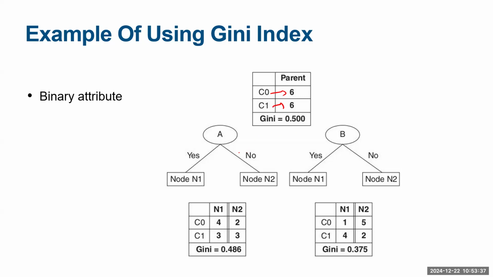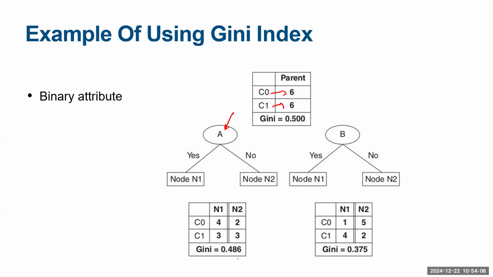Let's say I pick attribute A and I split into yes and no. Then I will have the Gini of 0.486. And for B, I will have the Gini of 0.375.